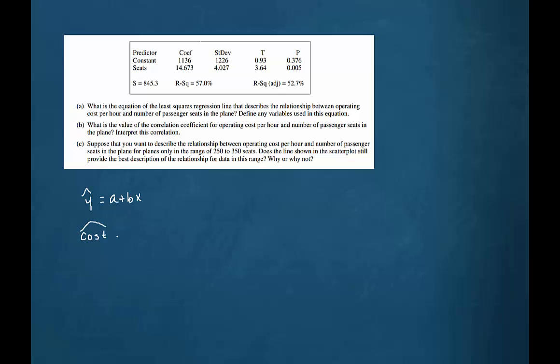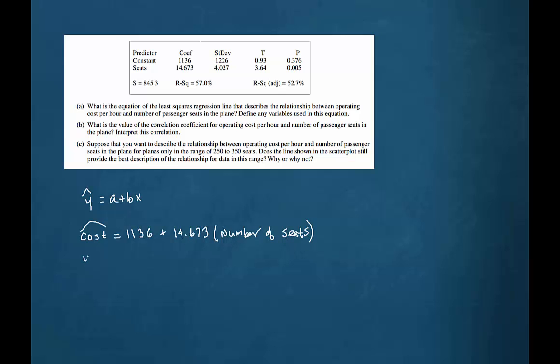So the predicted cost values would be found by 1136, that is the coefficient of the y-intercept, plus the slope coefficient for the number of seats, 14.673, times the number of seats.